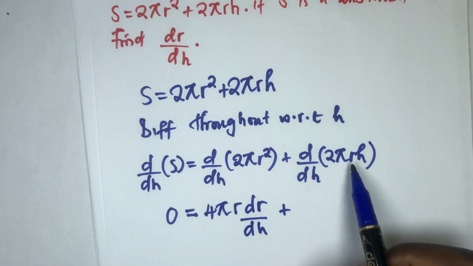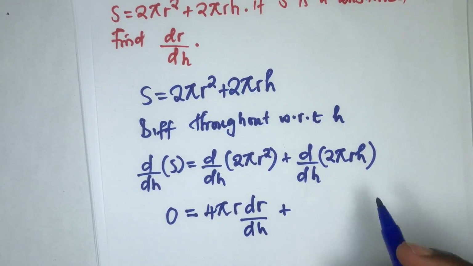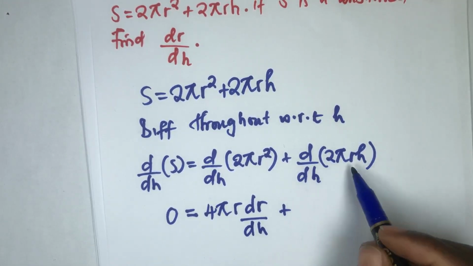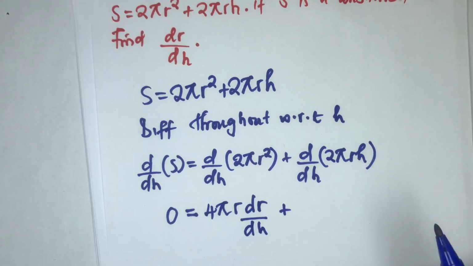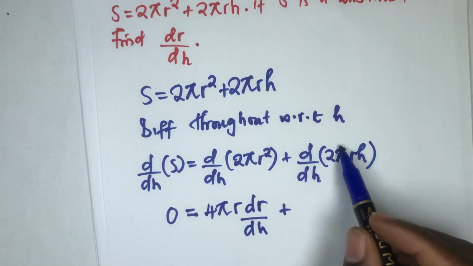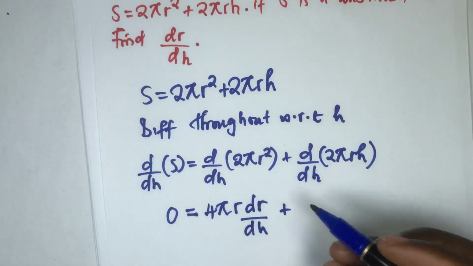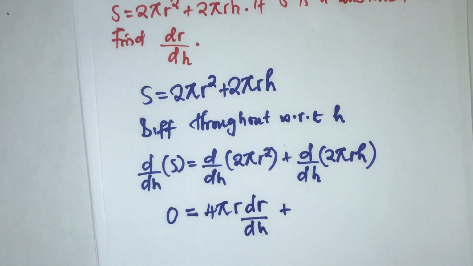r h, meaning that this h and this r here are two different functions that we have there. So now if there are two different functions, we need to use the product rule. So for the product rule, we keep the first function, differentiate the second function, and we keep the second function and differentiate the first function there.